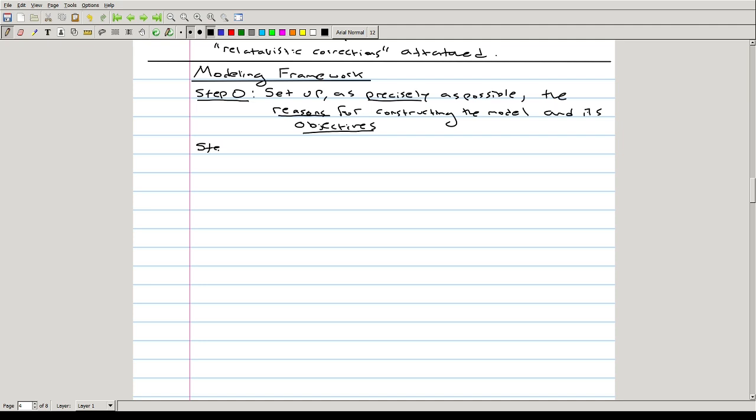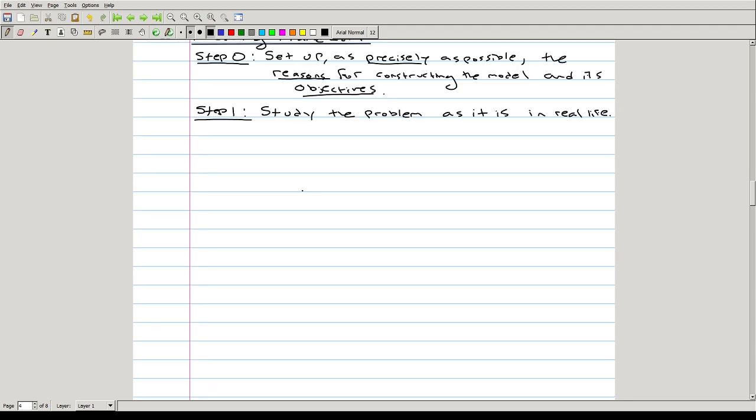So the next step, step 1, is to study the problem as it is in real life. And this involves doing a lot of research to figure out exactly what the problem is you're dealing with, and what exactly is going on.